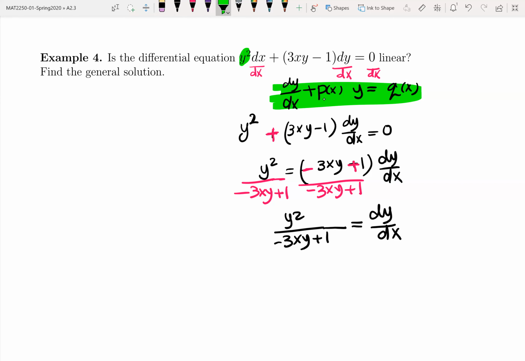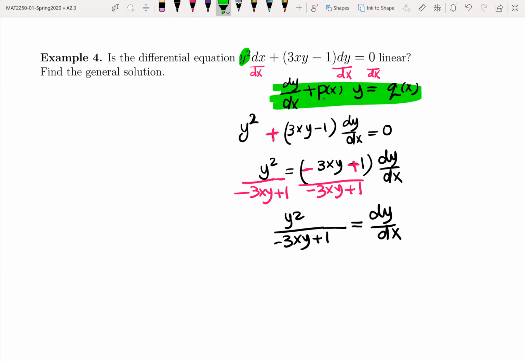Any idea? Remember, the only two types of differential equation you know how to solve have to be either separable or linear, otherwise I don't know how to solve it, right?